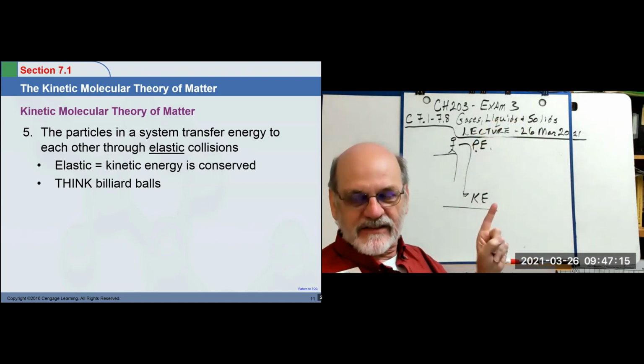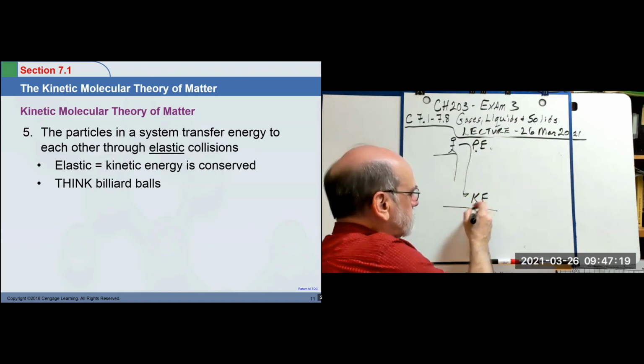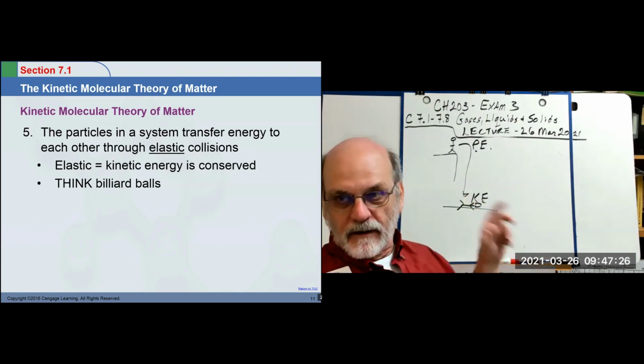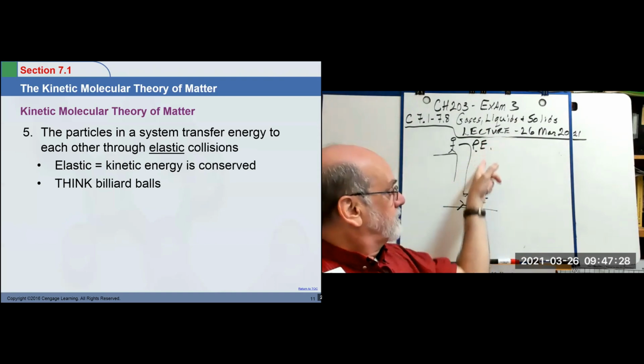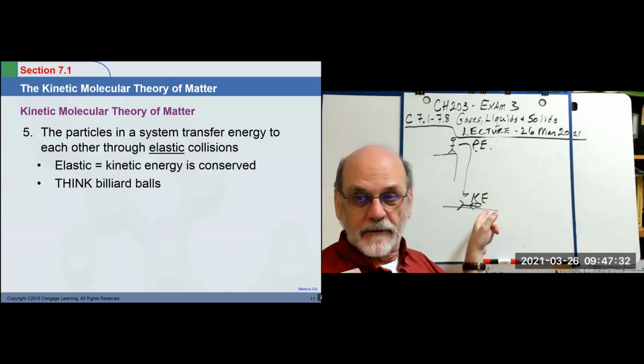That's an inelastic collision. In other words, when you hit the ground, most of that energy that was kinetic energy right before you hit the ground is converted into heat and broken bones and damaged organs, right?